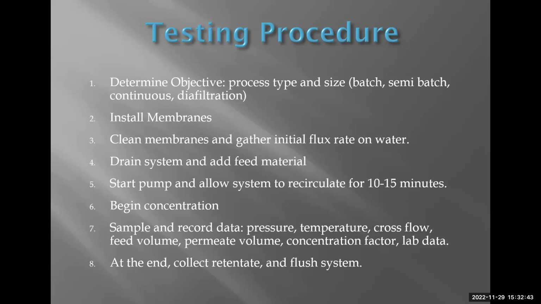Some of the different data points that you want to collect are the pressures, the transmembrane pressure, inlet, outlet pressures, the temperature, the crossflow, the feed volume, the permeate volume that you've pulled out, any diafiltration volume that you've added, concentration factors, and then also any lab data such as pH, brix if you're doing sugar type products, or if you're going to be doing alcohol, you take your alcohol data.